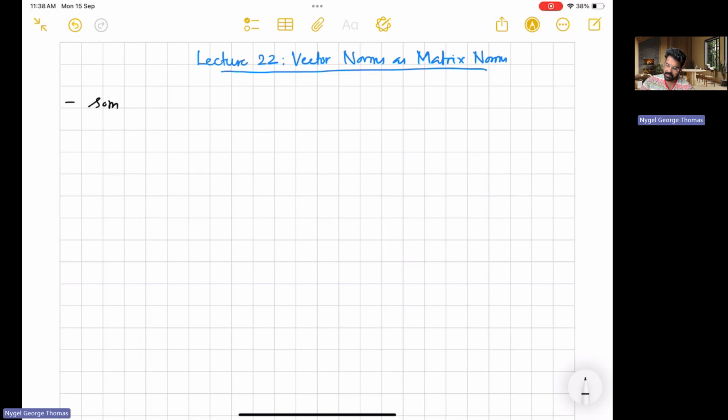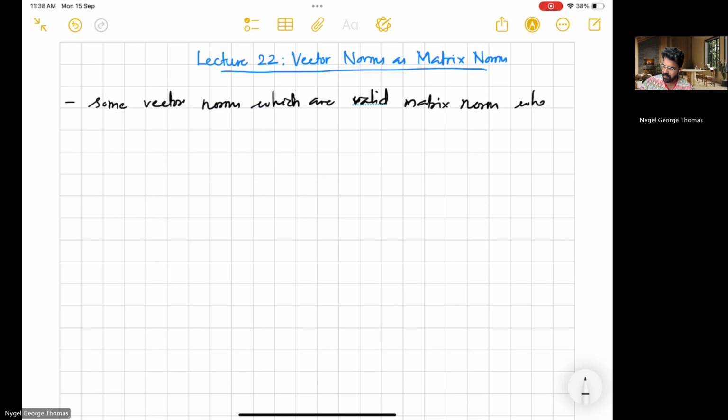There are some vector norms which are valid matrix norms when applied to R^(n×n).